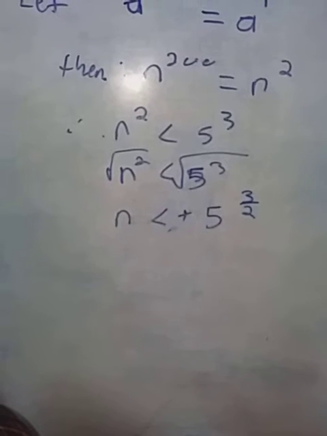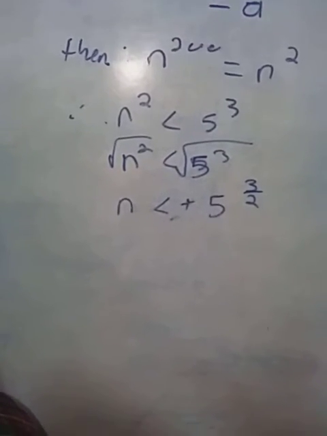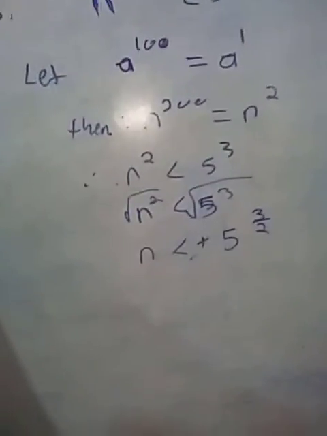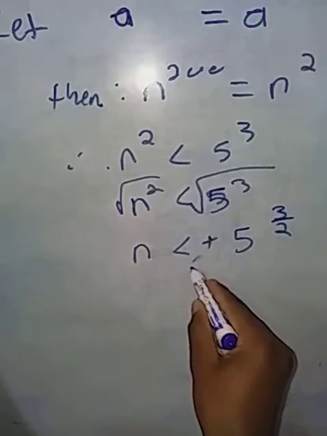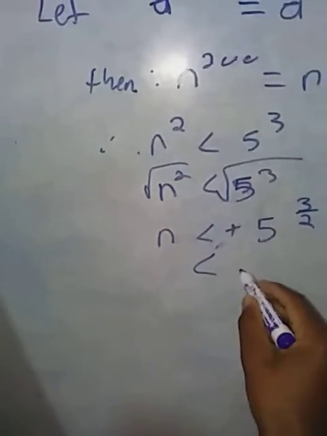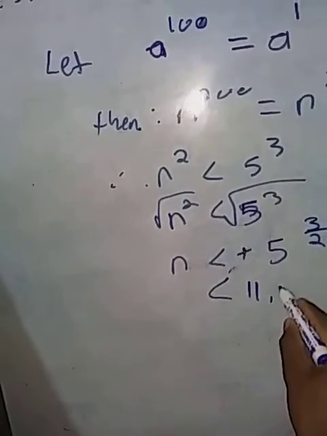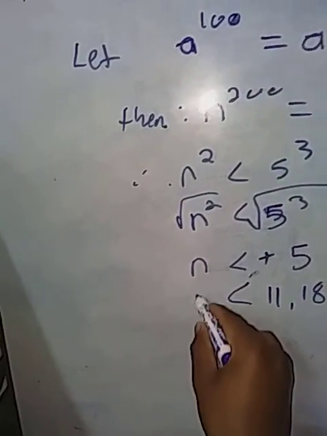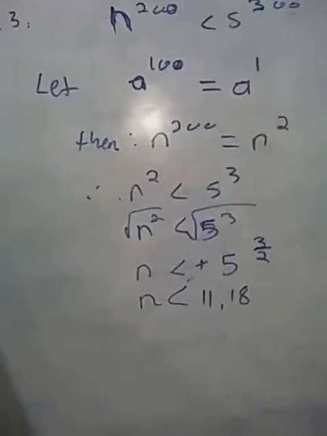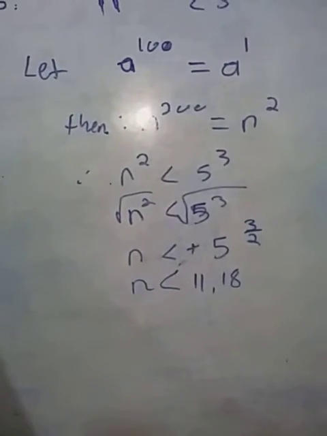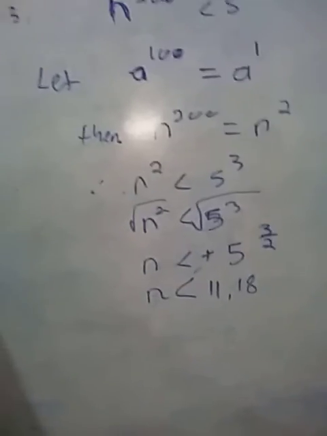Then 5 to the power 3 divided by 2 is something I'm sure you have calculators to compute. Since I did this already last year, it is equal to 11.18. They said they wanted the largest integer, and you can see that 11.18 is not an integer.